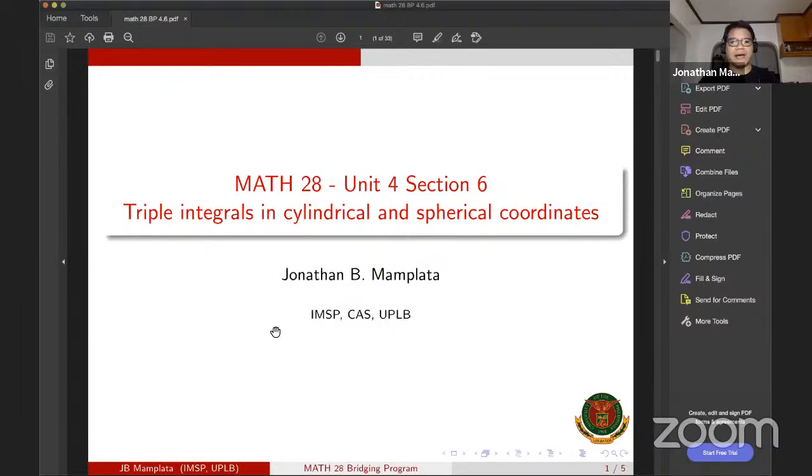Okay? So we have here a cone, z equals square root of x squared plus y squared. And we have a sphere, x squared plus y squared plus z squared equals 9. So the solid is being enclosed by these two surfaces. So this should be our region. Okay? Dito pinakita ko lang yung sphere and yung cone.